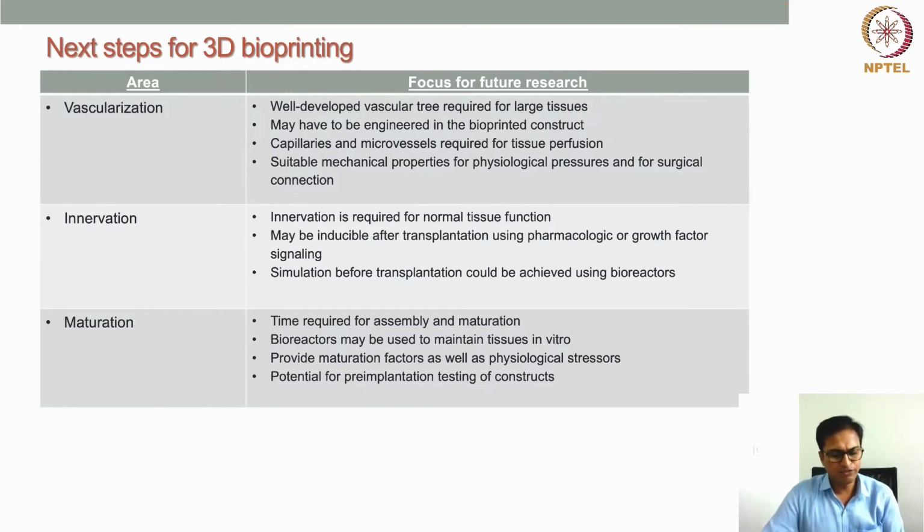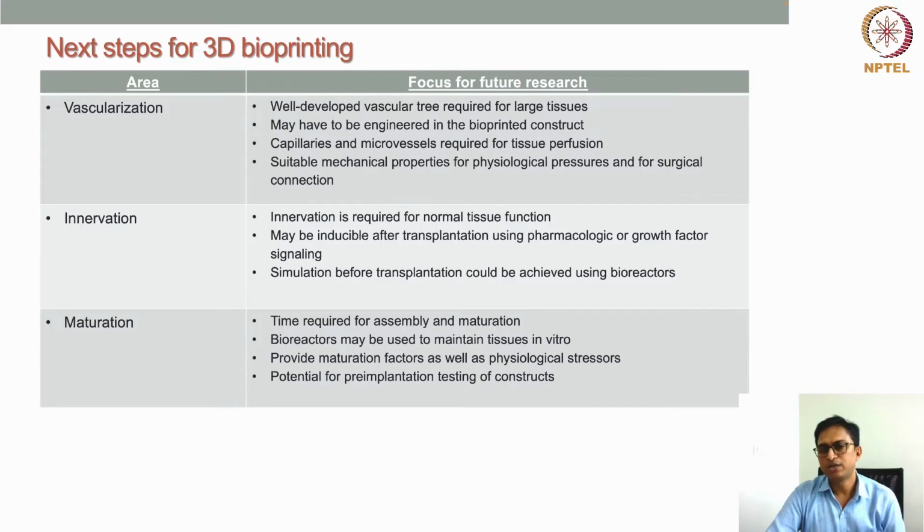There are different types of vascular trees present in different organs, and we need to mimic that during bioprinting to generate a vascularized tissue construct. We have also earlier discussed different levels or scales of vascular tissue, from aorta, arteries, capillaries, to veins. All these are possible with different types of bioprinting modalities.